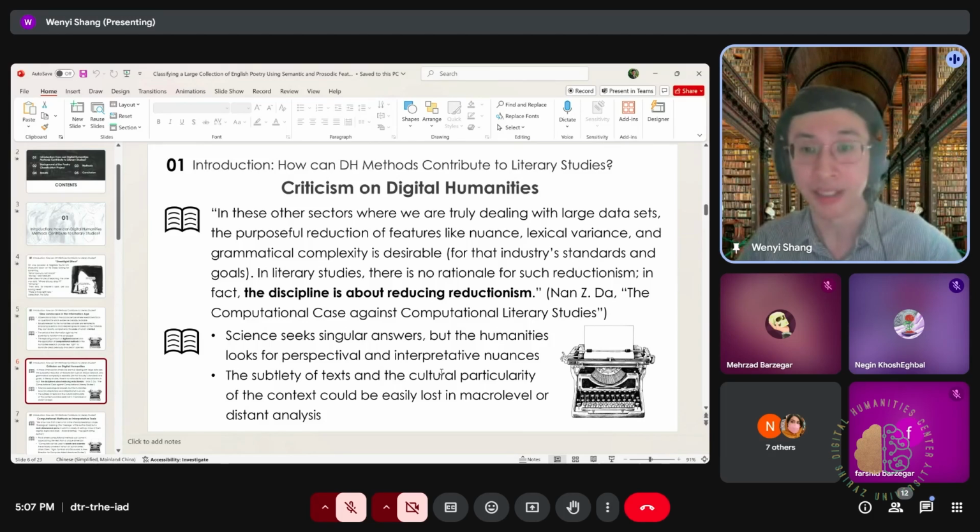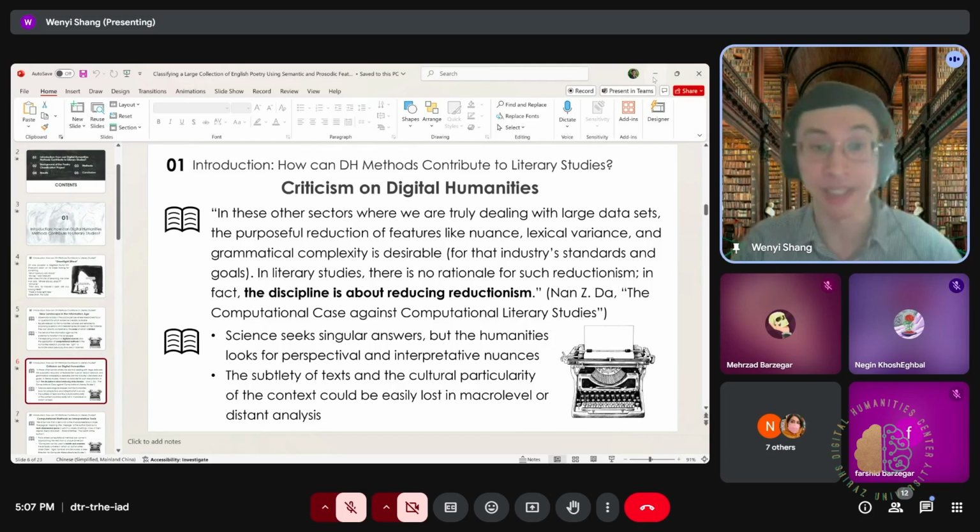In literary studies, there's no rationale for such reductionism. In fact, the discipline is about reducing reductionism. So her point was actually that in some sectors, like when analyzing users' reviews for market purposes, it's fine to reduce such nuances into something simpler that can be analyzed altogether in a large scope.